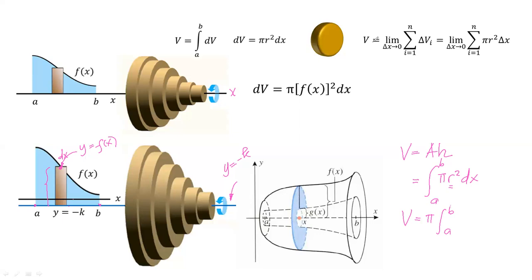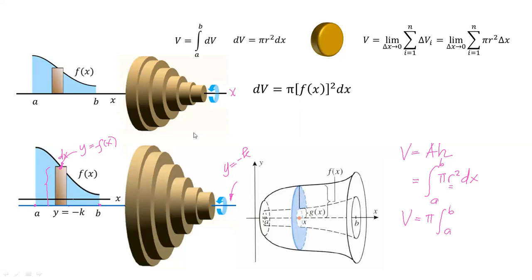Okay. If you could see what's written on the chat box, that is very good, JJ. Your radius here will be f of x minus negative k. When you subtract something that is negative, it's like adding it to the original function, right?